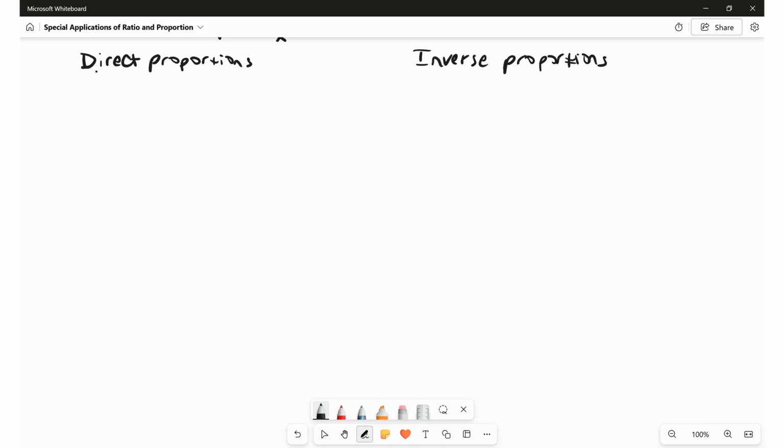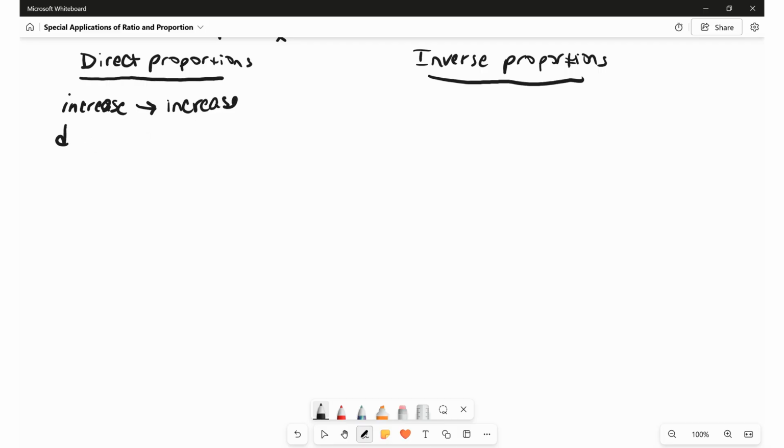Okay. So in direct proportions, if thing number one increases, that means that thing number two is also going to increase.